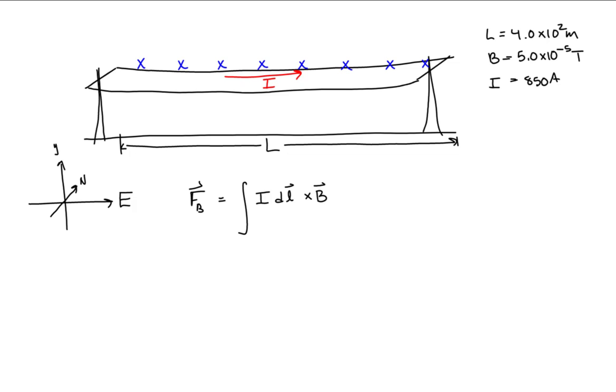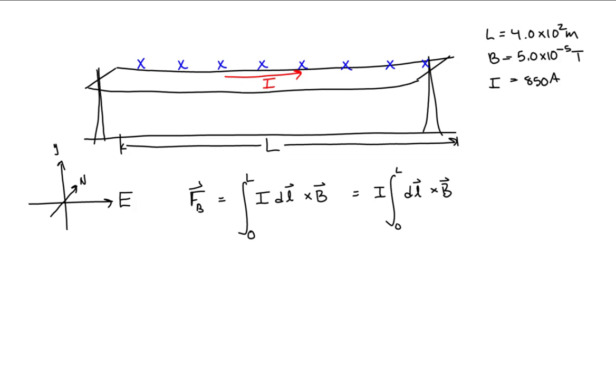Now this integral is going to take place over the length of the wire, so it is going from 0 to L for the limits of integration. We know that the current is constant, so we could pull that outside of the integral, and we have the integral of the cross product of the displacement differential and the magnetic field.